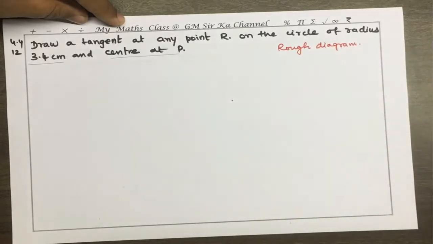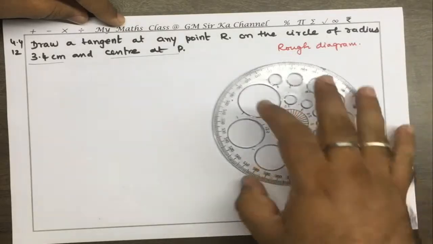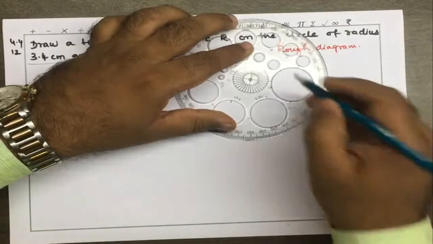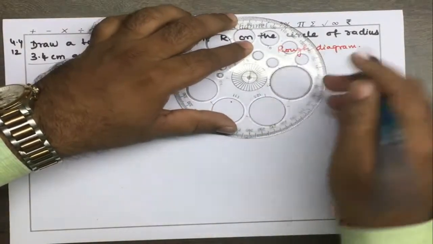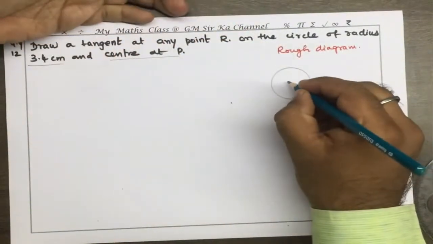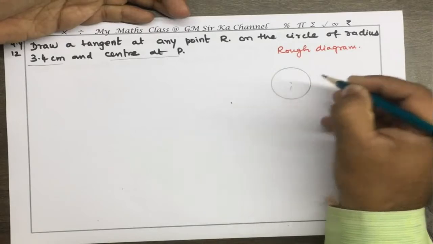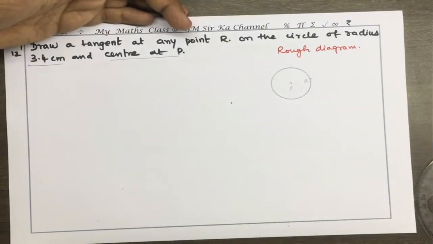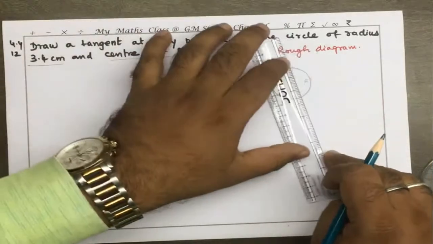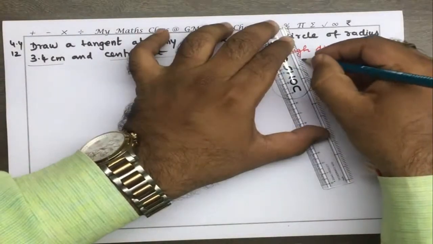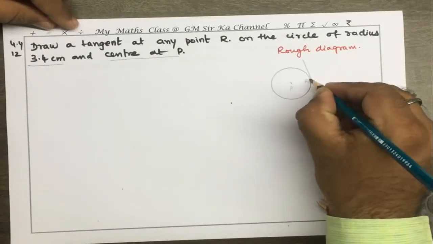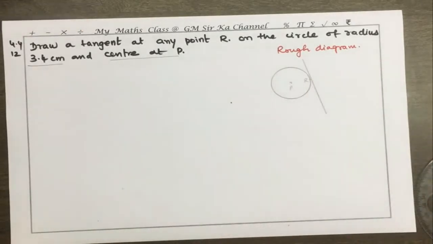So the rough diagram is, any circle can be drawn with the center P. P is the center, and any point R on the circle is taken, and the tangent through R can be drawn. So we have this point.